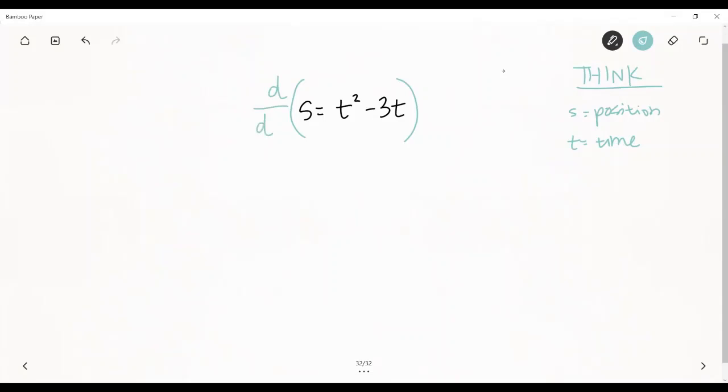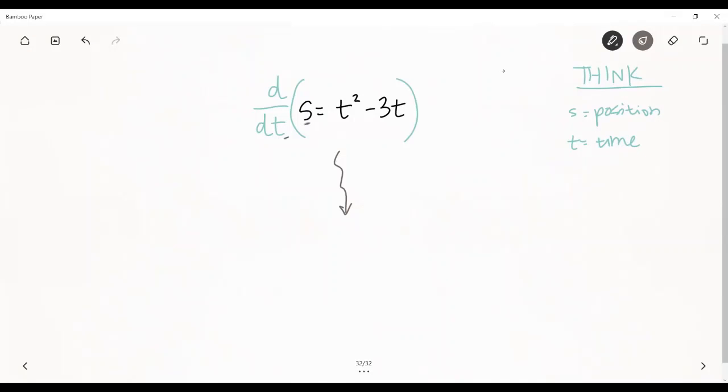with respect to which variable looks like it's going to matter? t. So with respect to t. And that should give me the derivative of s with respect to t.